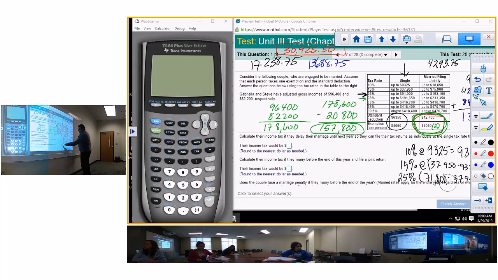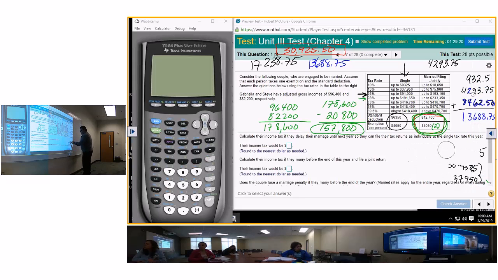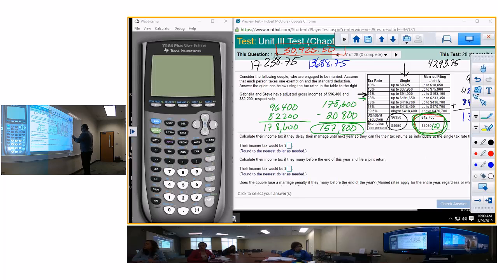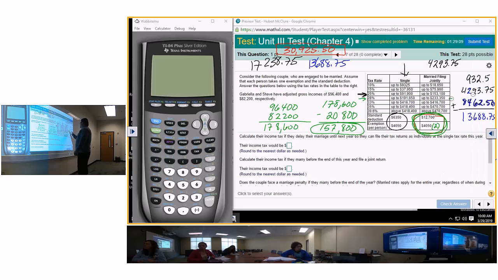Okay, so take your handy dandy bracket, and I'm going to do this in green because we're doing it separately. So we're going to go to here. So 18,650, 10% at 18,650, and then 15% at parentheses.